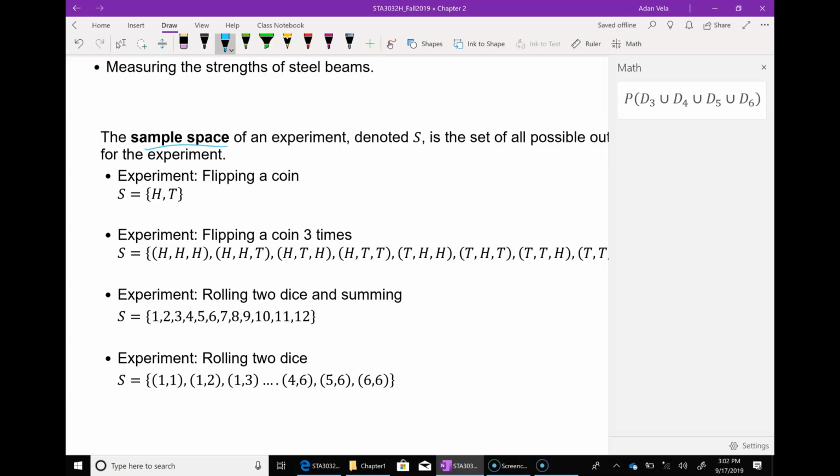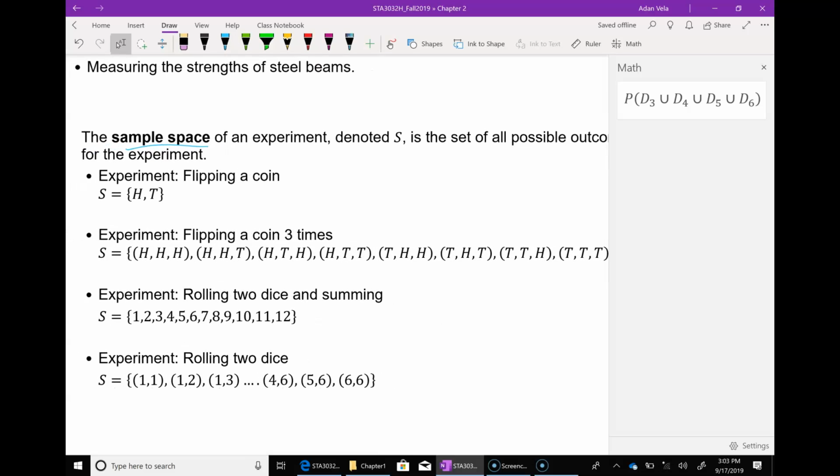Our sample space is just heads or tails. Flipping a coin 3 times, you're going to create these tuples of all the different ways you could flip a coin 3 times: heads, heads, heads; heads, heads, tails; heads, tails, heads; all the way through. So you should have about 8 options here.